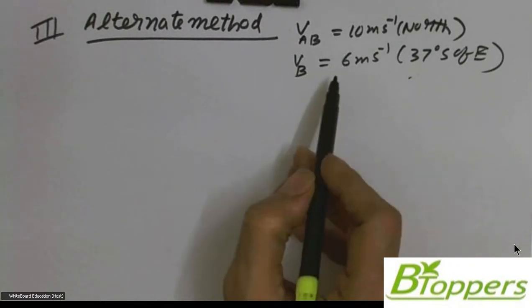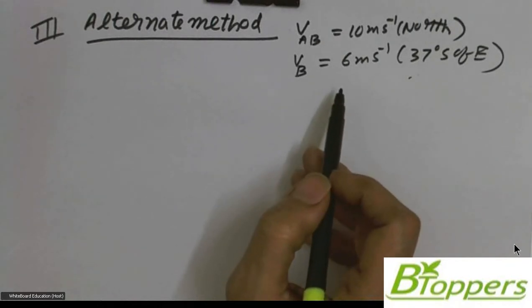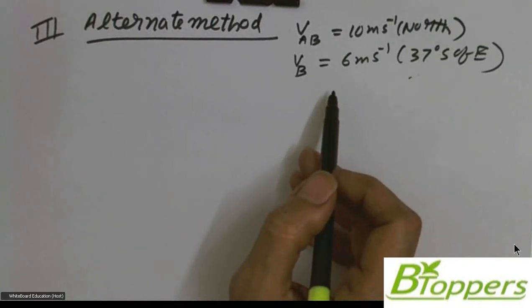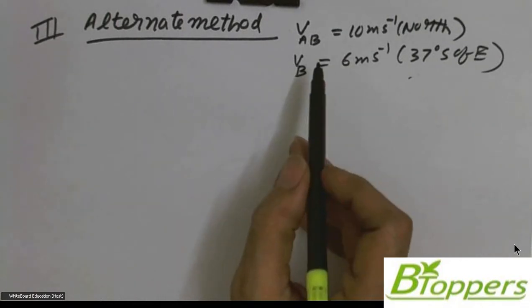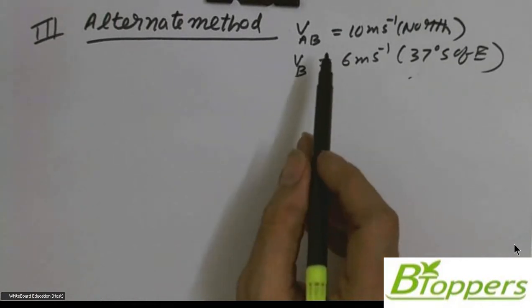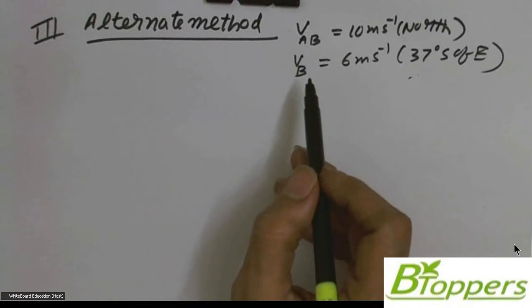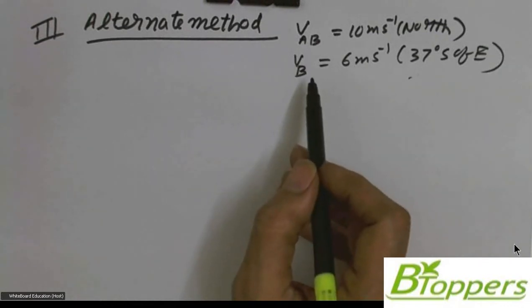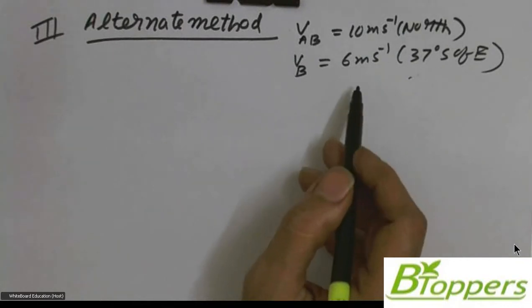You are asked to find the magnitude and direction of the actual velocity of the first body A. You are already given the magnitude and direction of the actual velocity of the second body B.